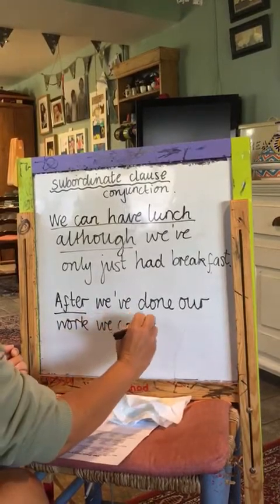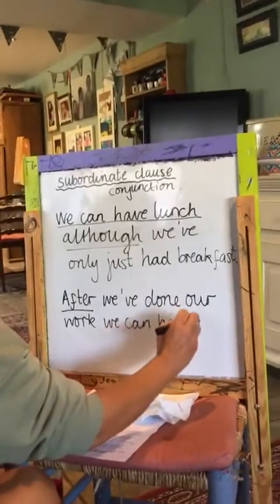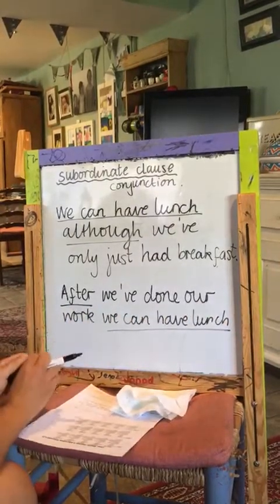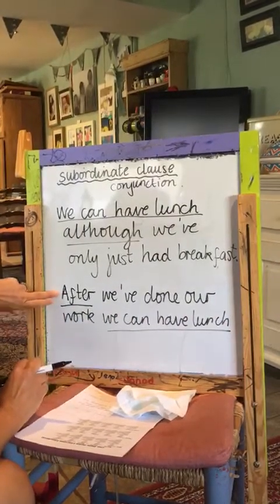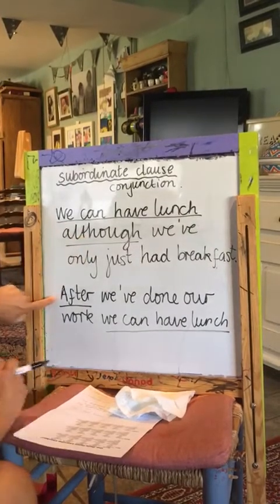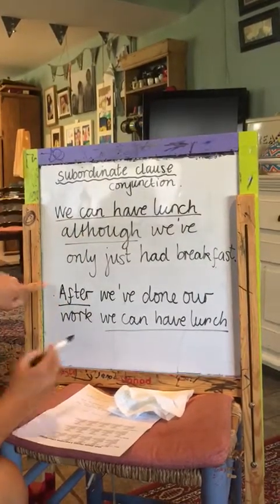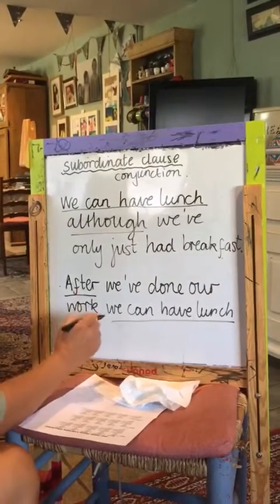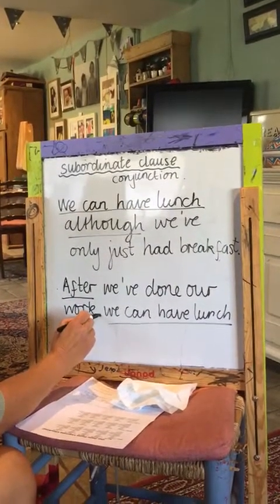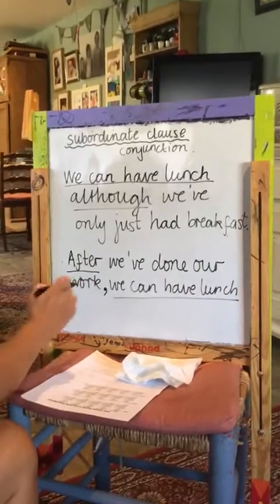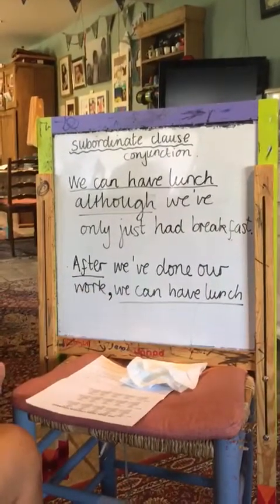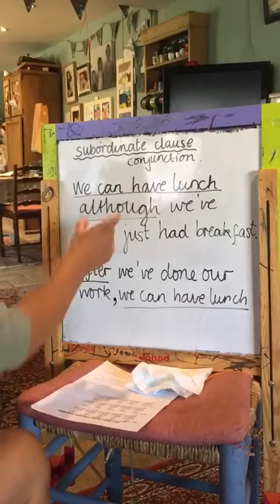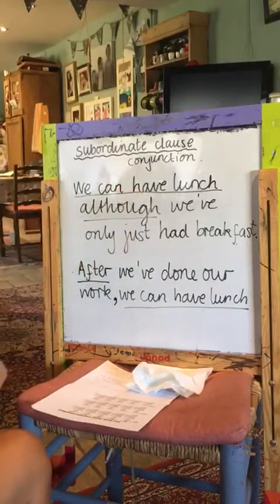There we go, there's that main clause. You can see this time I've put the glue, the conjunction, the joining word, at the beginning of the sentence, followed by my subordinate clause, and then my main clause. You will need to put a comma in to separate the subordinate clause from the main clause. You don't need to do that if you're using it as the glue in between the two clauses.